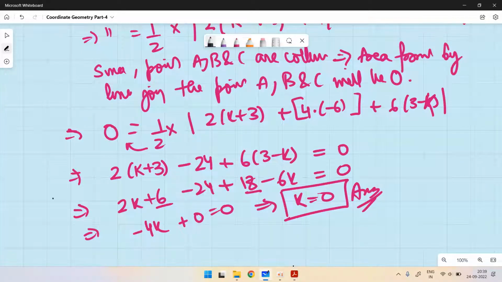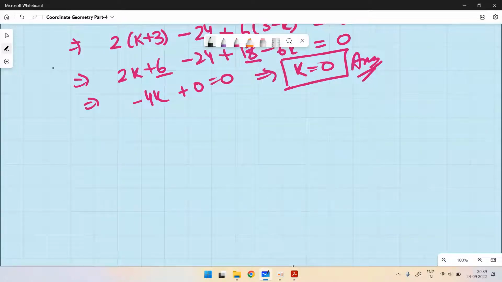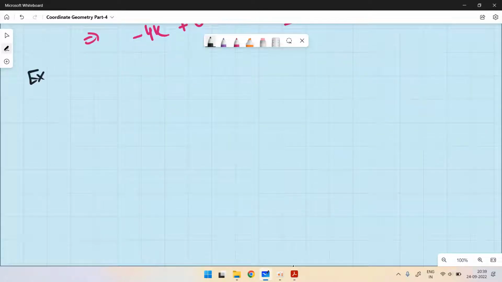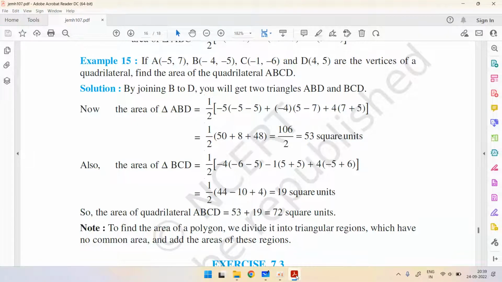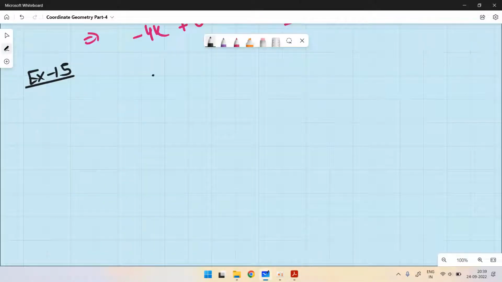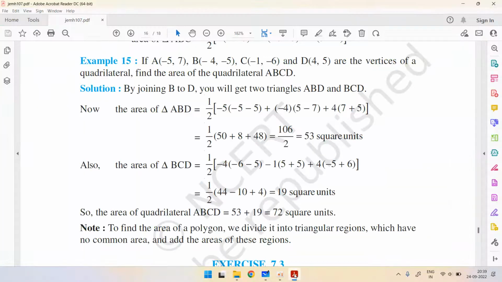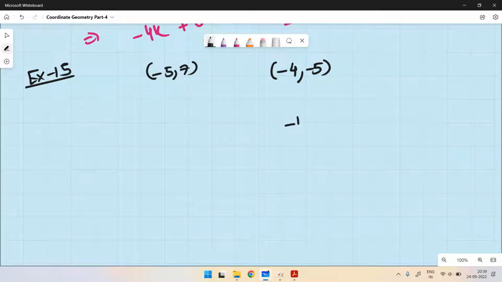Let me do this like example number 15. It is a quadrilateral ABCD: A (-5, 7), B (-4, -5), C (-1, -6) and D (4, 5).